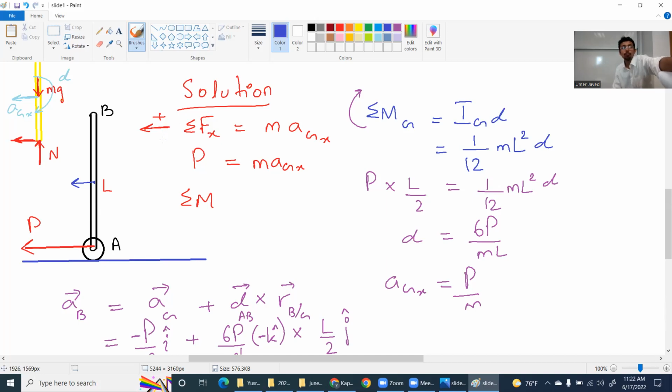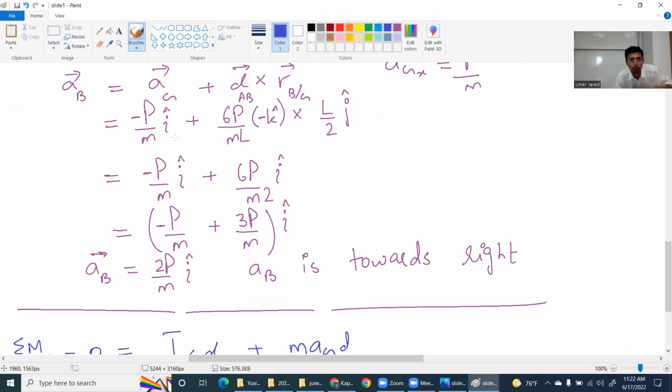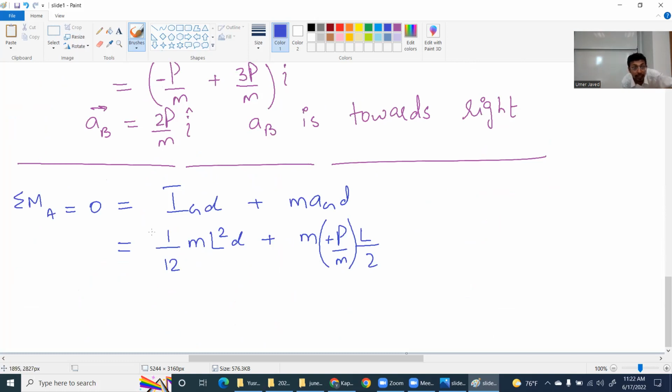If m a_G, the blue arrow, is to the left, that small blue arrow, then about point A, it is an anti-clockwise moment. You agree? But the fact is that the rod will go to the right, as you just said. So I will now incorporate your point. So I will put a negative sign here, because I alpha will be clockwise. Okay, let us proceed quickly. Now, what do I get? Is equal to 0.